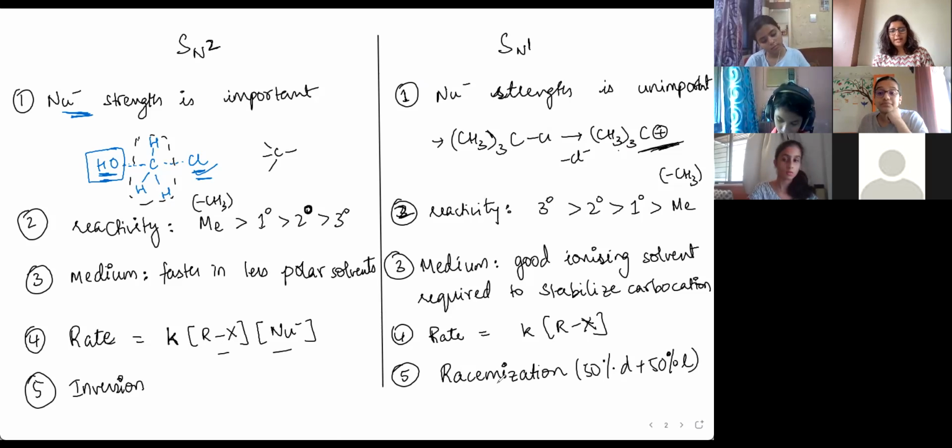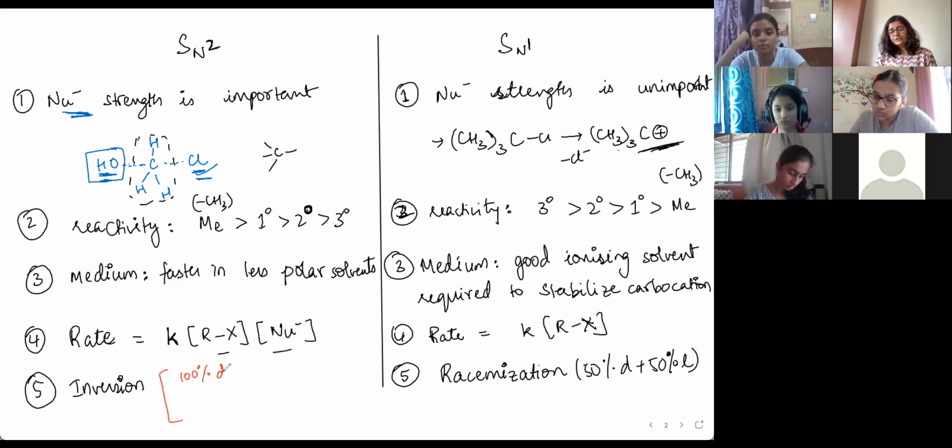So SN1 has racemization, and SN2 has 100% inversion. Again, every molecule is inverted. So that means if I take a 100% dextro molecule, at the end of the reaction, what will I get?